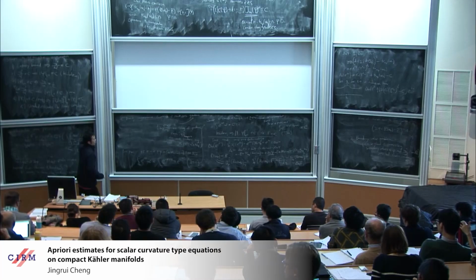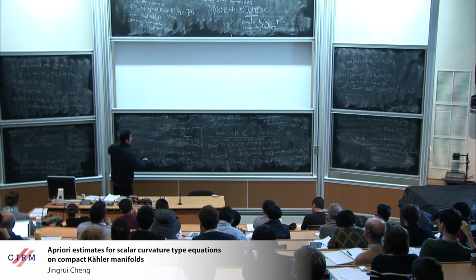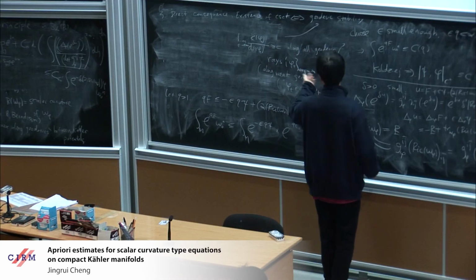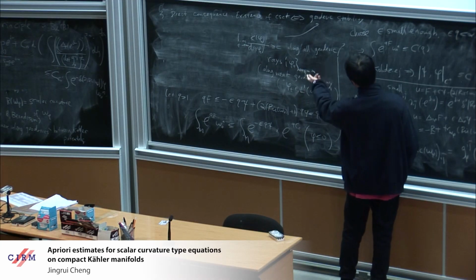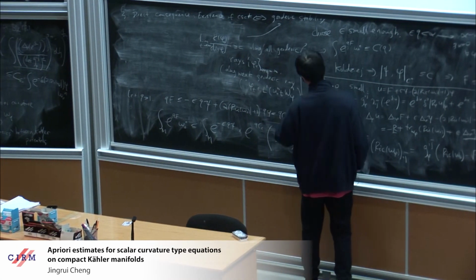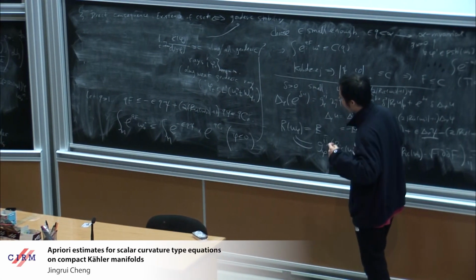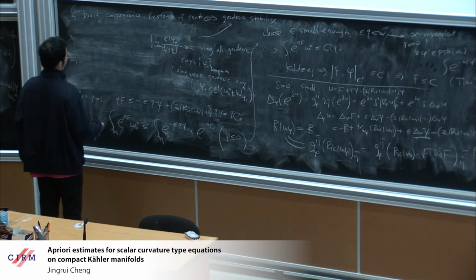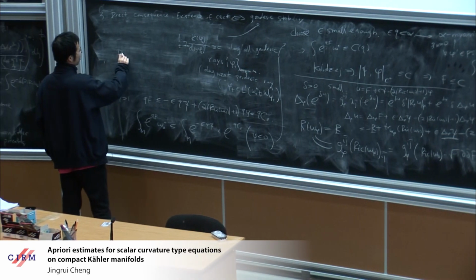I think there's a very recent preprint which says that you don't have to test against all the weak geodesic rays. You can just test along the C11 geodesic rays. This is a recent work by Darvas and Lu.